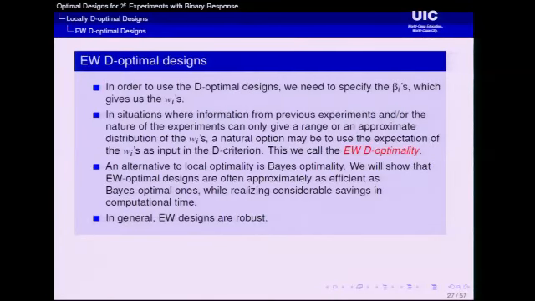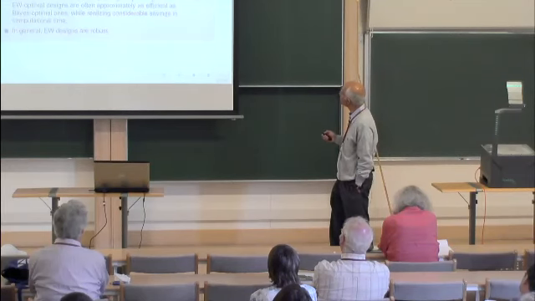That's what we call the expectation W: not the average of the betas, but you take the beta distribution and derive the average of the W's.